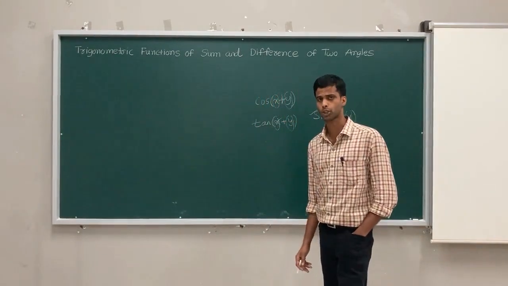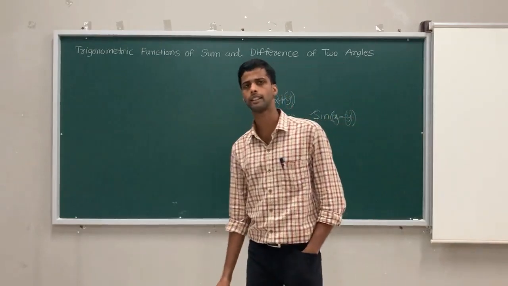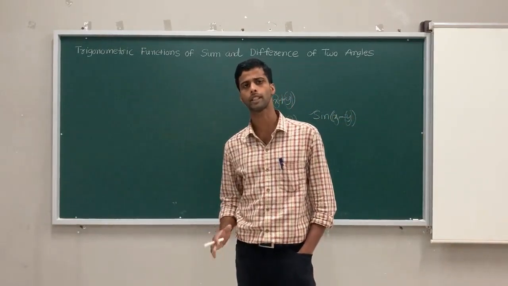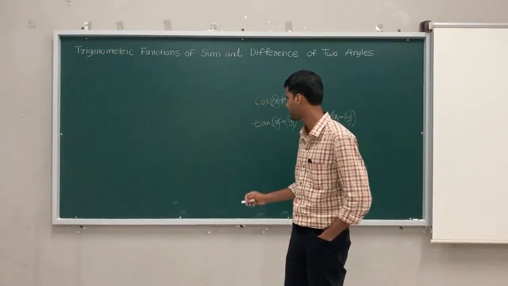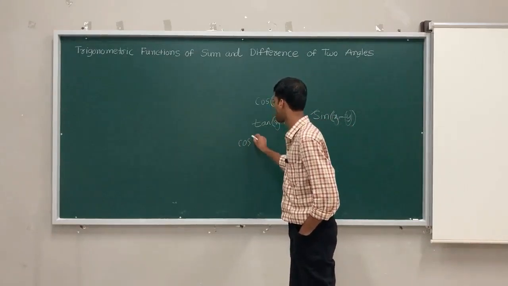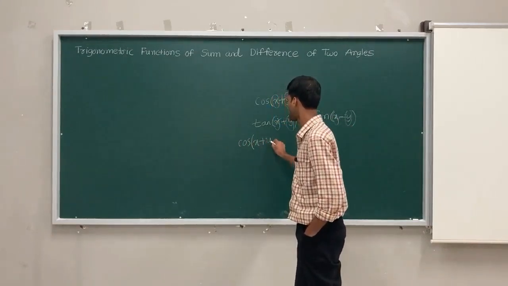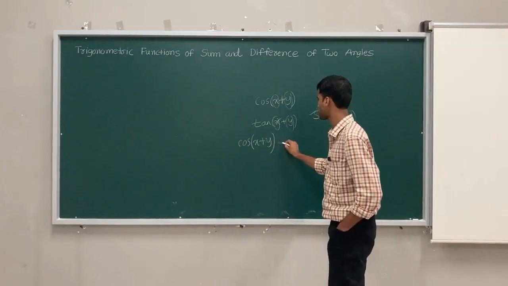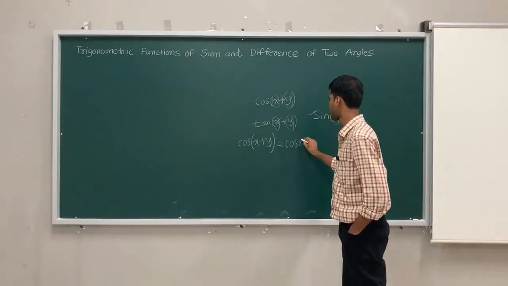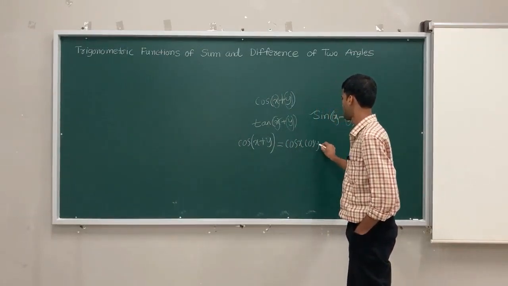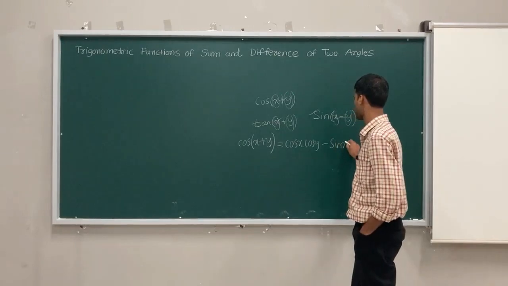But in your question paper every year there is a question from trigonometry which is fixed for 6 marks. They will ask like this: deduce that cos of x plus y equal to cos x cos y minus sin x sin y.